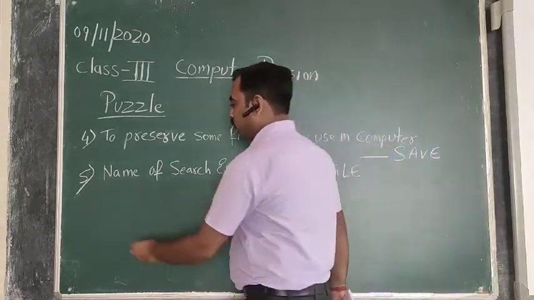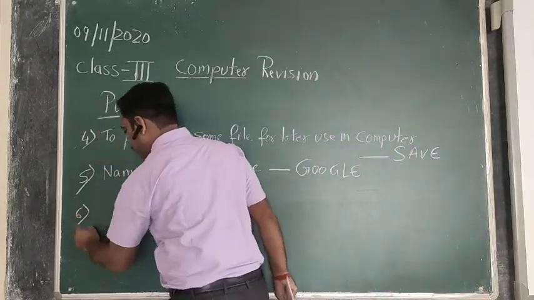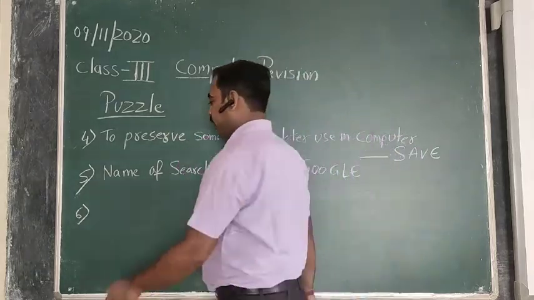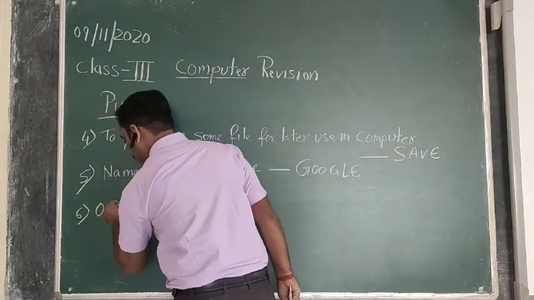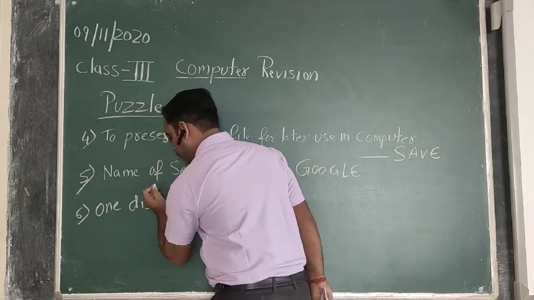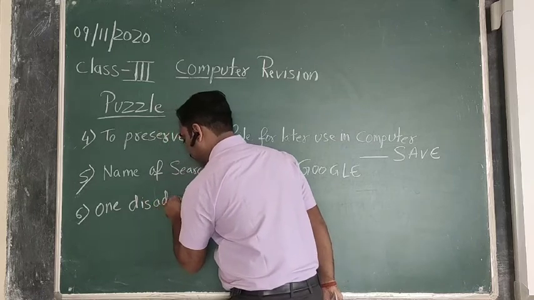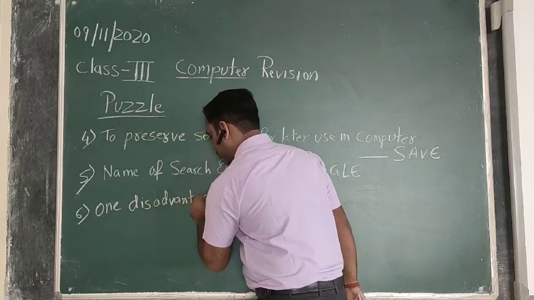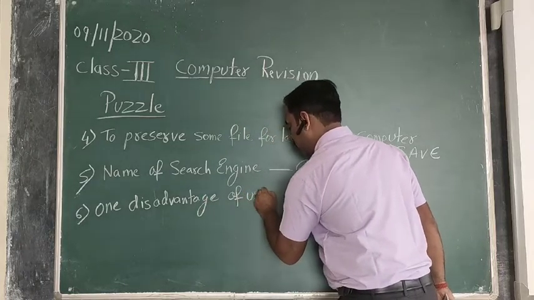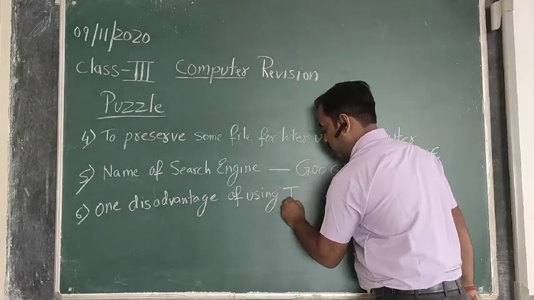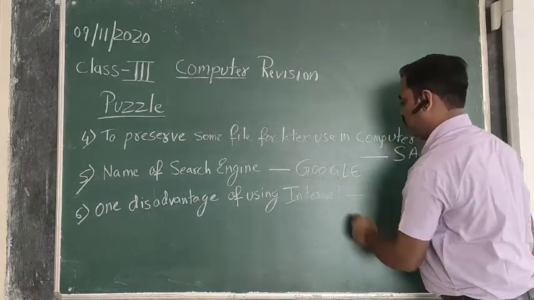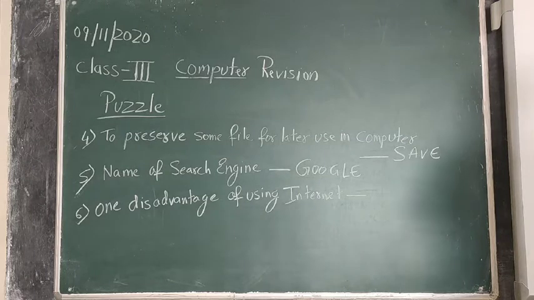Okay, now the next one, sixth one: disadvantages of using the internet.